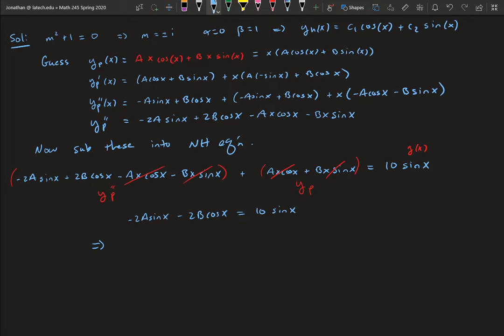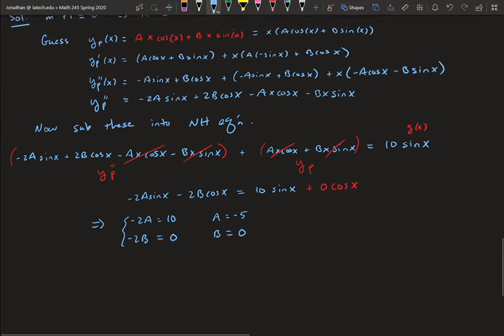So that's basically going to be negative 2a equals 10 and 2b equals 0, because the coefficient of cosine is basically 0 on the right-hand side. That's all coming from linear independence, honestly. So a is going to be negative 5 and b is going to be 0.